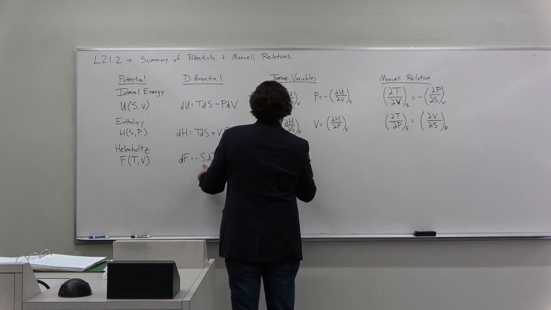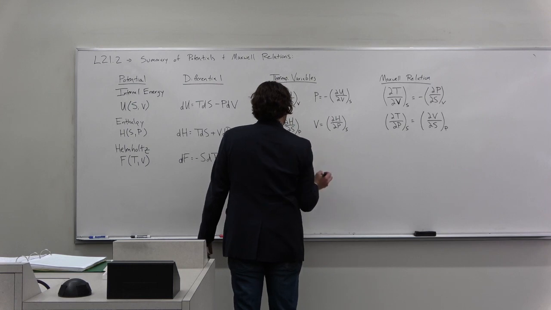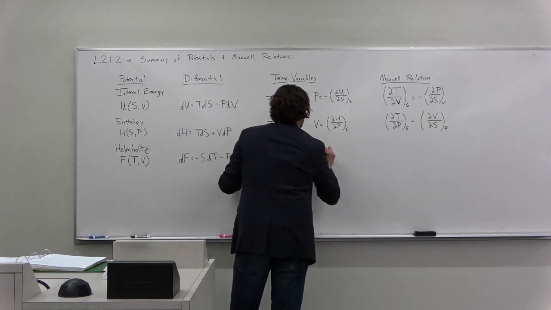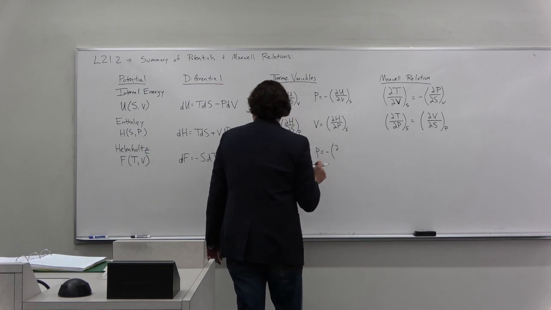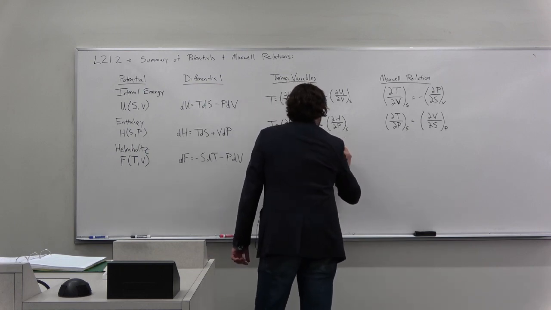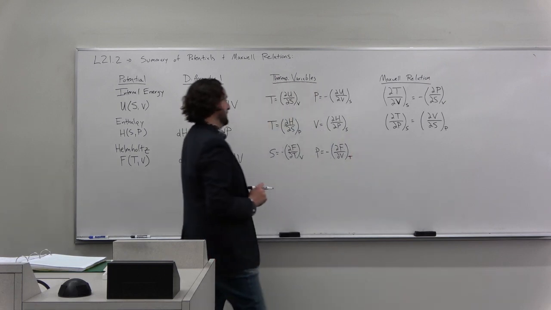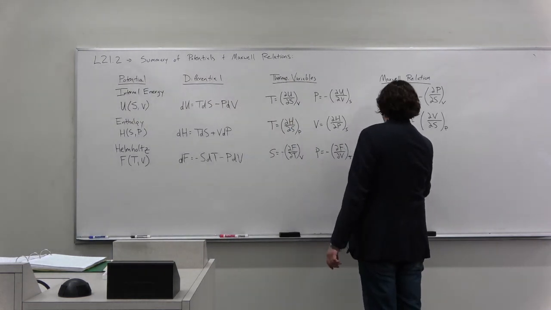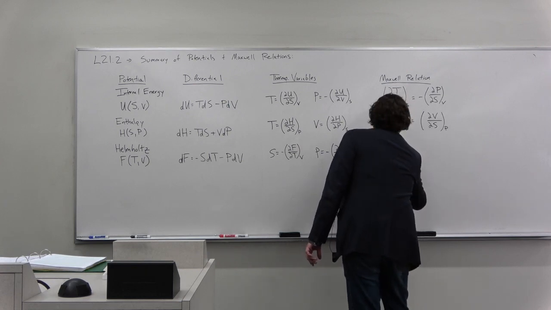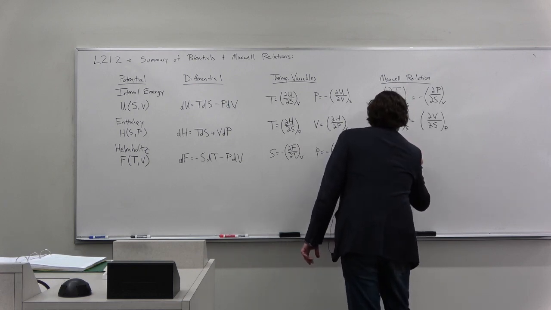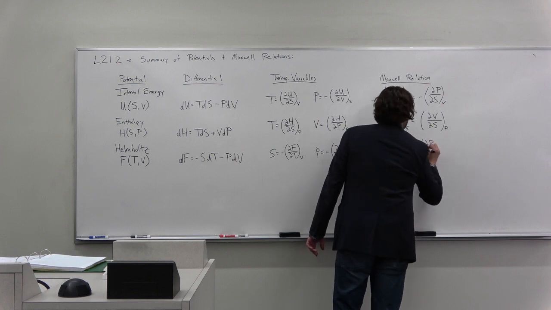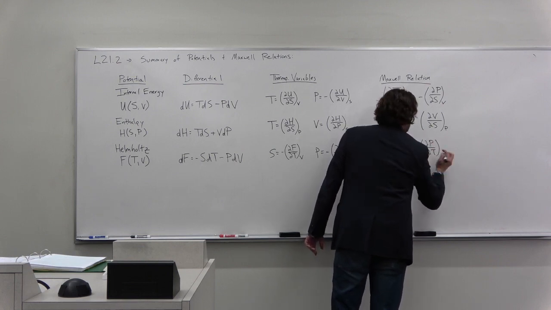S is minus partial F partial T at constant V, and P is minus partial F partial V at constant T. And my Maxwell relation from my mixed partials is partial S partial V at constant T is equal to partial P partial T at constant V.